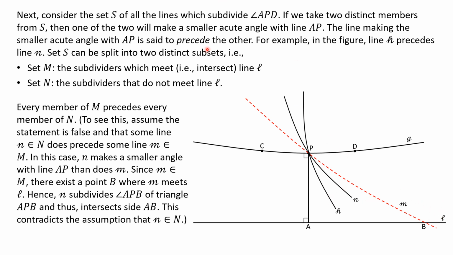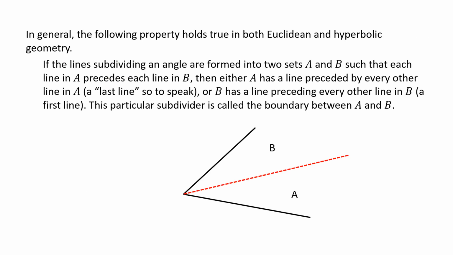So I'm just setting up some terminology here with precede and the subdividers we just talked about. We have an intermediate result that holds both for Euclidean and hyperbolic geometry. We're going to need to use this in the next slide.